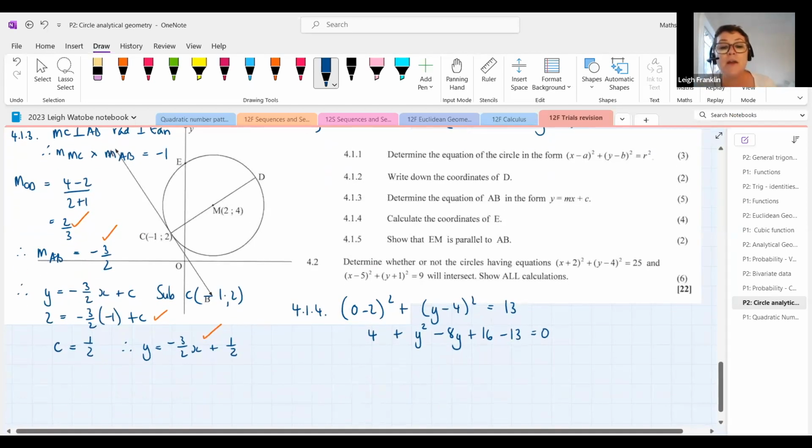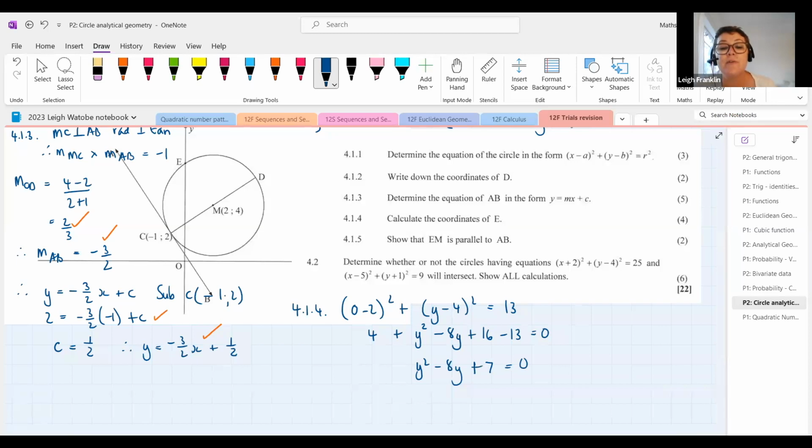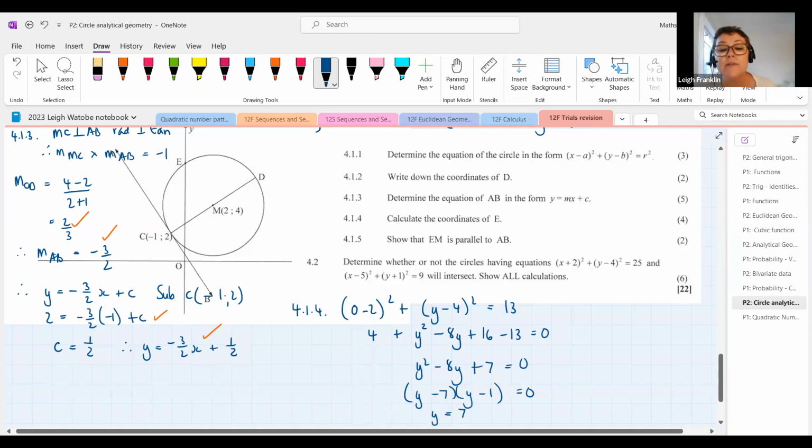And that would leave us with y squared minus 8y, 3 plus 4 would leave us with 7. Okay, so the middle term is negative, the last term is positive. So both brackets need to be negative. So either y is 7 or y is equal to 1.